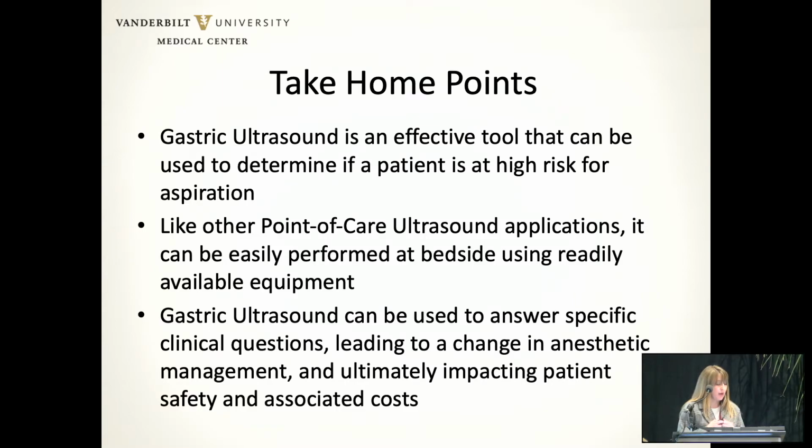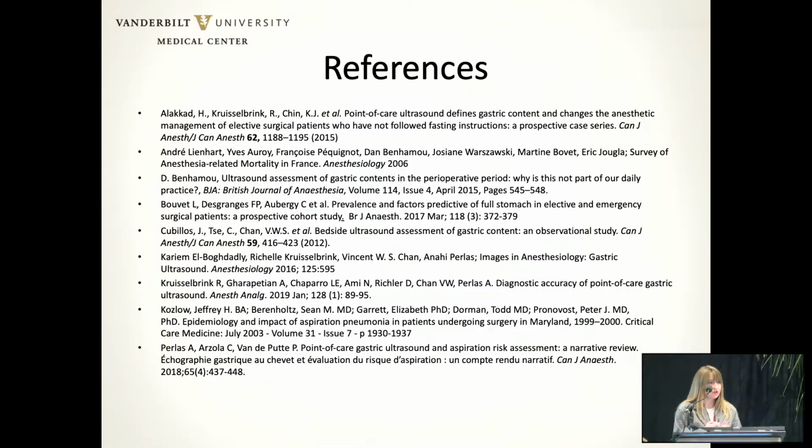You have the machine right there. And gastric ultrasound, just like with all other point-of-care ultrasound techniques, can be used to answer specific clinical questions to lead to a change in your anesthesia management, and then hopefully keep your patients safer, keep costs down, and thank you very much.